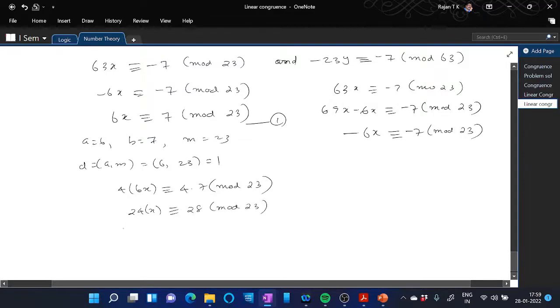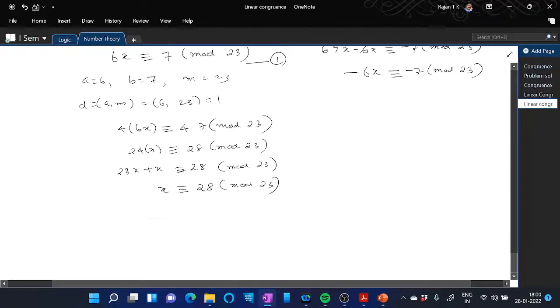But 24x you can write as 23x plus x, congruent to 28 mod 23. 23x is clearly a multiple of 23, so x is congruent to 28 mod 23.